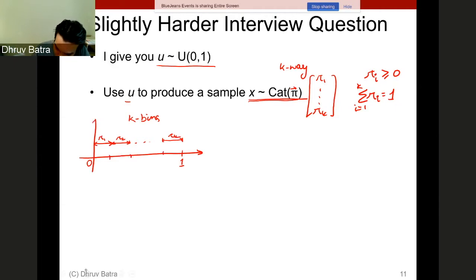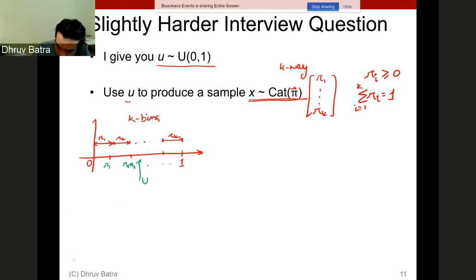When you get a u, all you have to check is what subinterval you have fallen into. Notice that as far as these subintervals are concerned, their endpoints are pi_1, pi_1 plus pi_2, and so on, the cumulative sum.